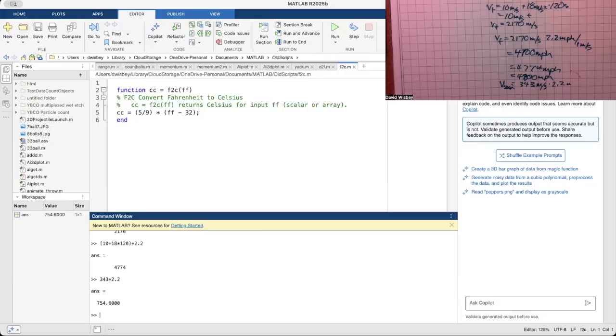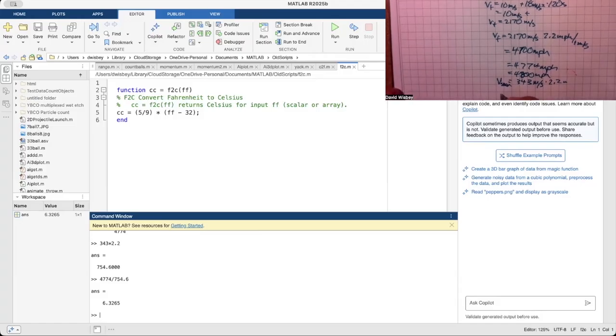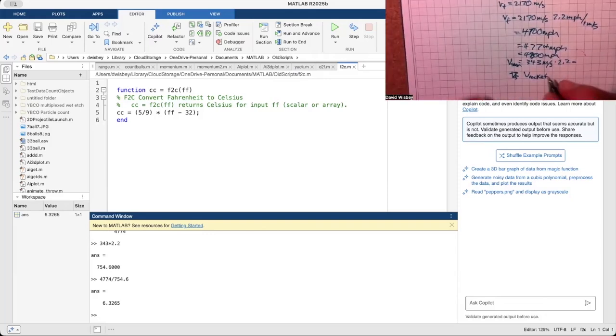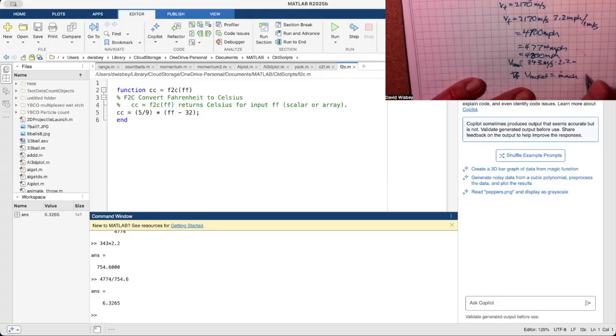So we're going to take our results here, 4,774 divided by 754.6. So in terms of our rocket speed, what this tells us is after 120 seconds, you're going Mach 6.